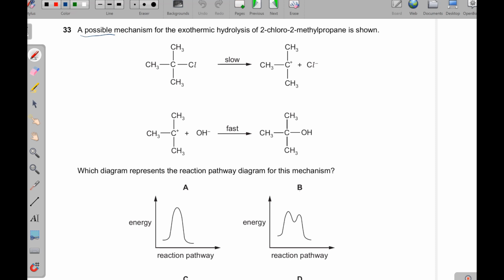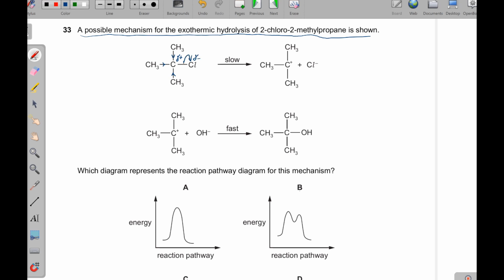Question 33. A possible mechanism for the exothermic hydrolysis of 2-chloro-2-methylpropane is shown. This is the slow step. This is SN1 because there are three alkyl groups, so there is a greater positive inductive effect. This carbon is partially positive because chlorine is more electronegative than carbon.